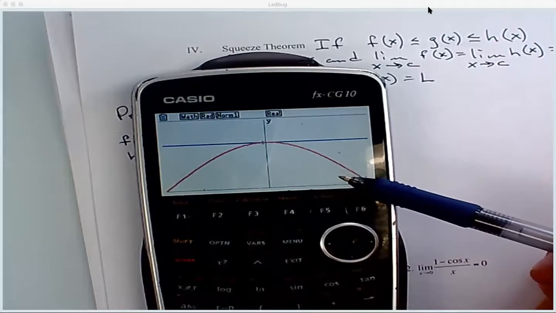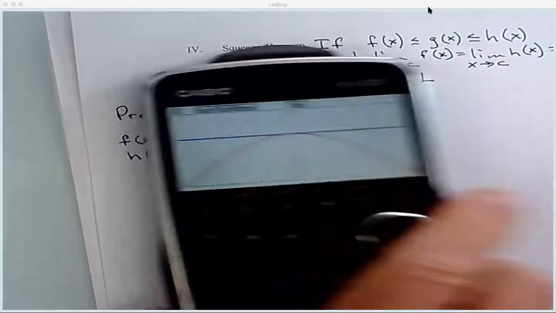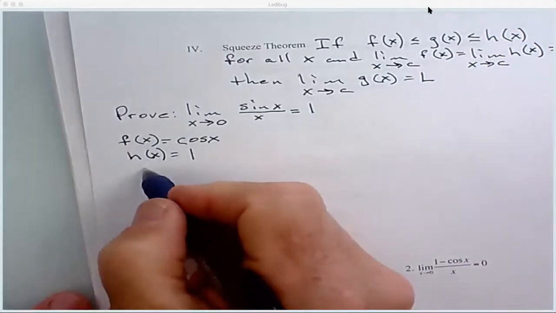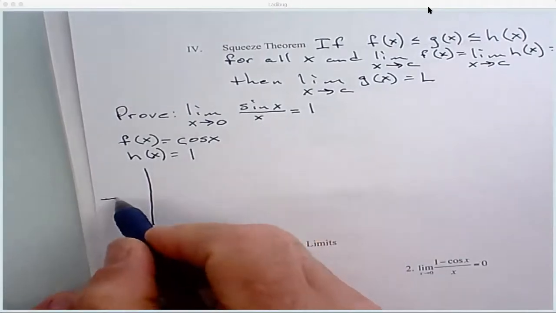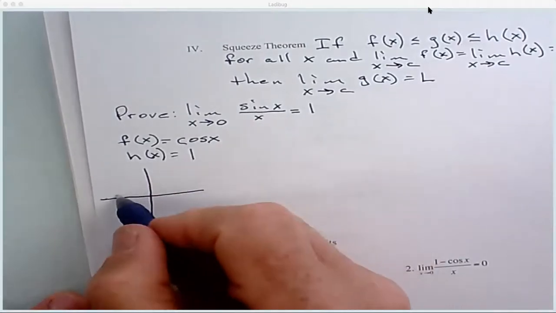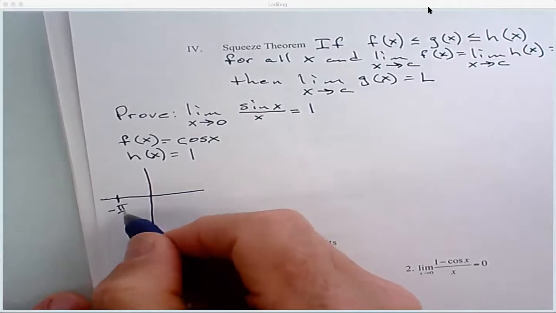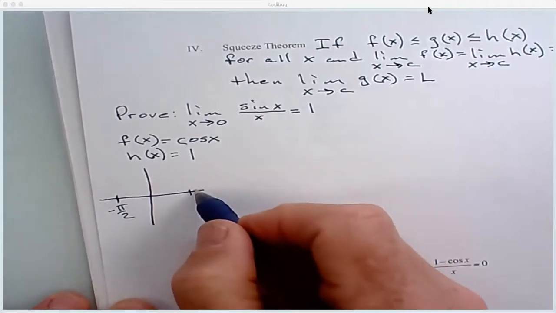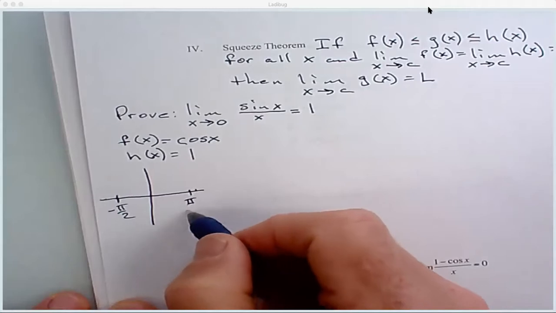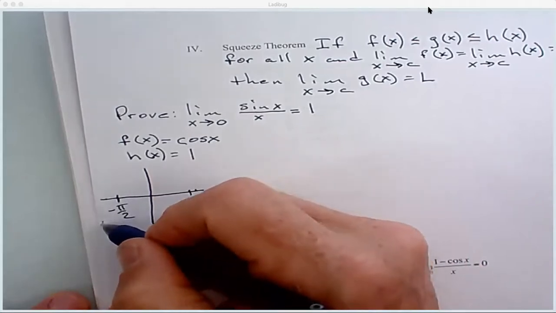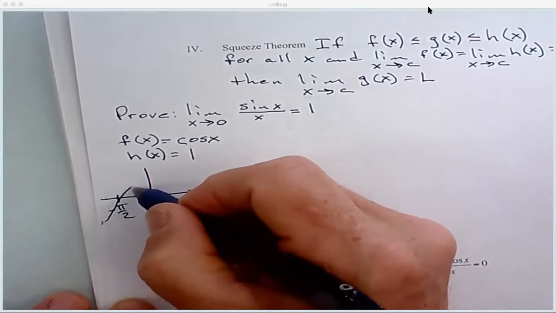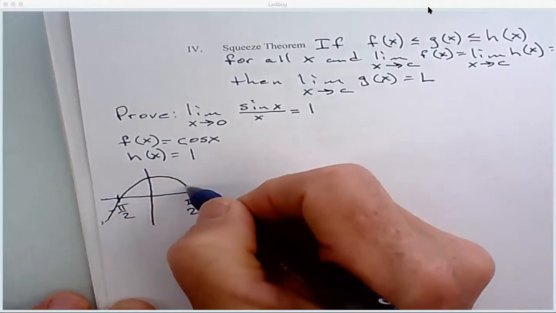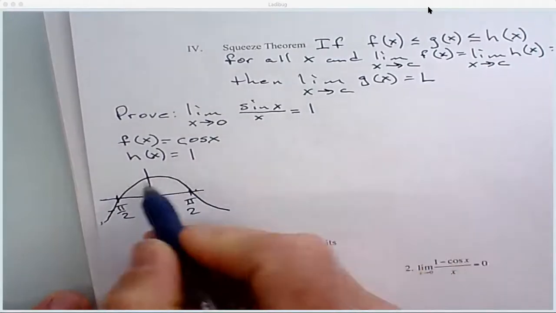Everybody got that? So what I have right now for a graph looks like this. Here's negative pi over 2. Here's pi over 2. Here's my graph of cosine.